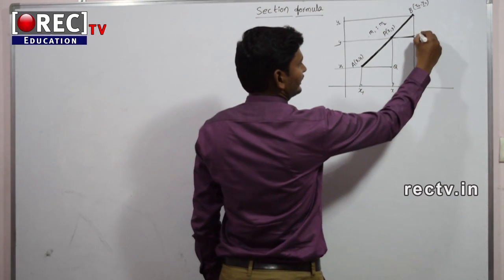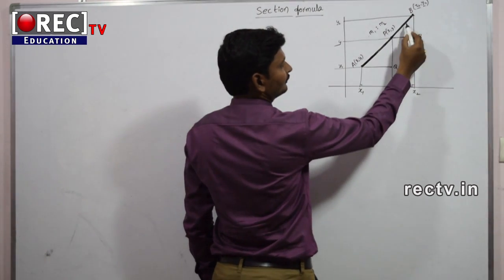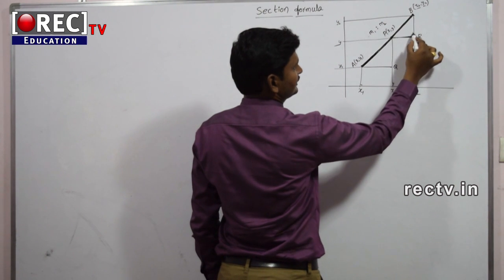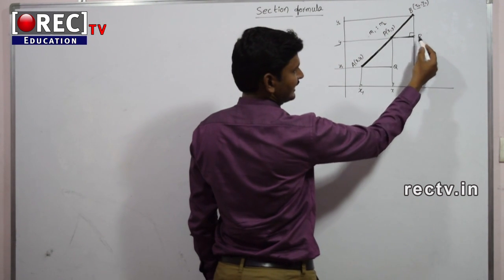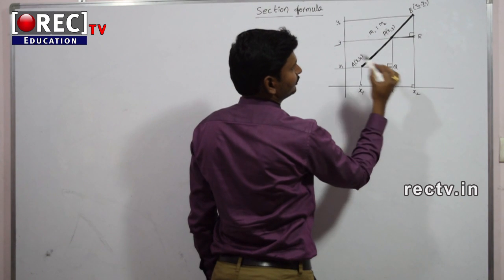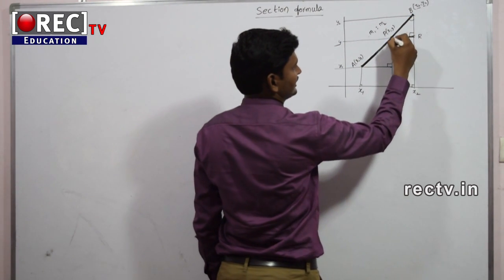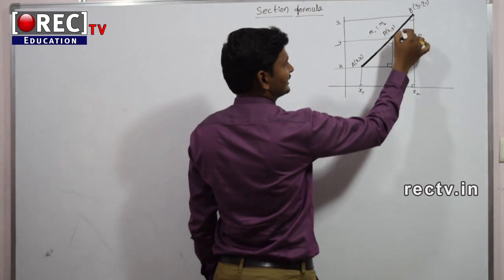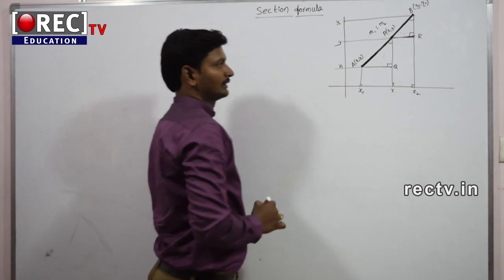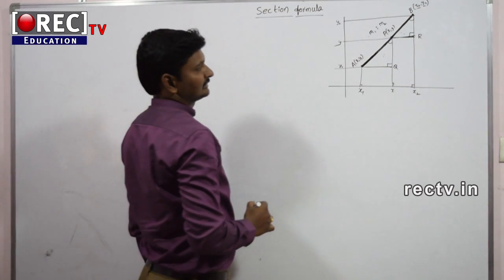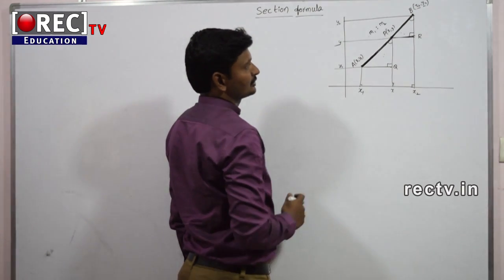This is Q and this is R. If we observe, this angle is equal to 90 degrees and angle Q is equal to angle R. These two lines are parallel. Now this angle is equal to this angle, so these two triangles become similar triangles. In similar triangles, the corresponding side ratios must be the same.